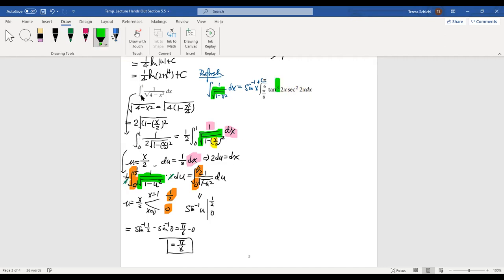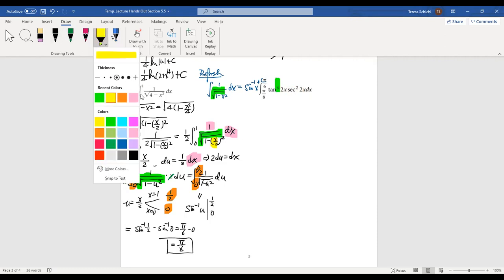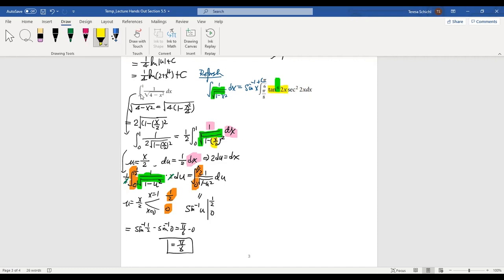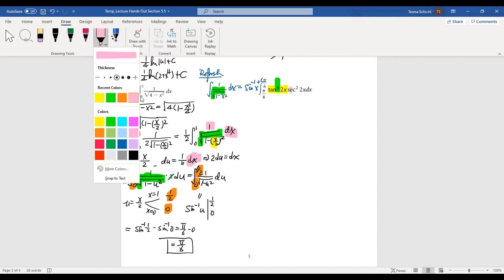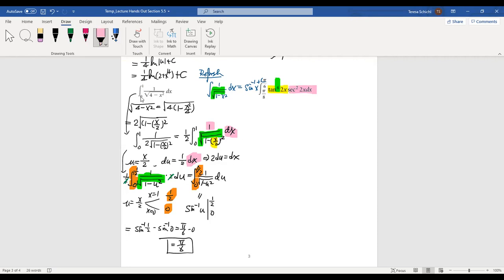So now I will say, okay, let's try this one. This will be my function, the tangent to the fourth power, all right? Then you will choose tangent 2x to be the u. Then what is remaining here is secant squared 2x. Now let's see if I do this substitution, can I rewrite this nicely or not, all right?